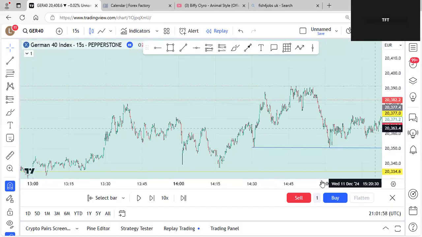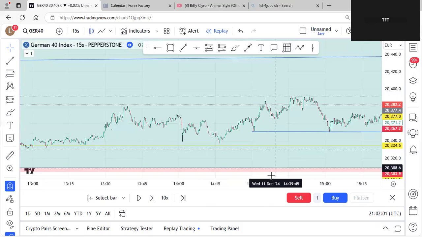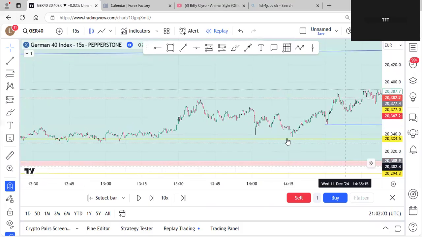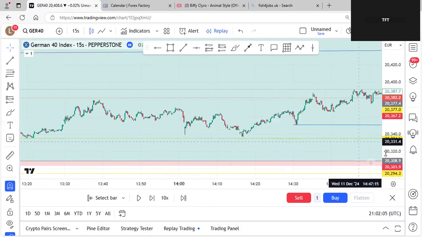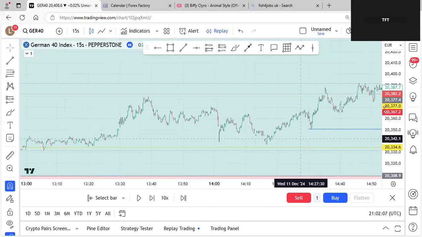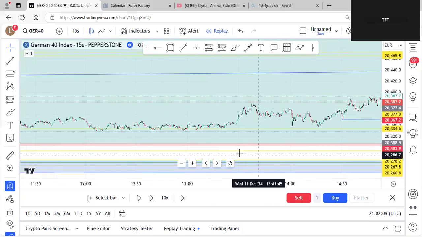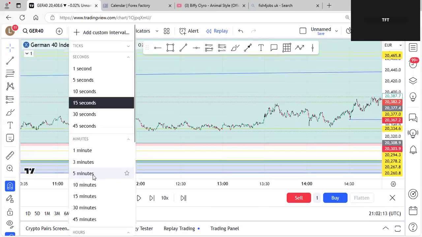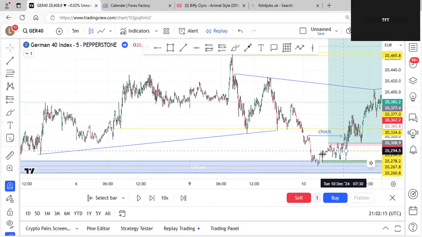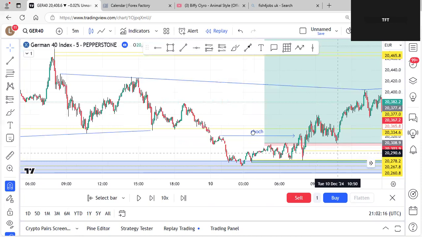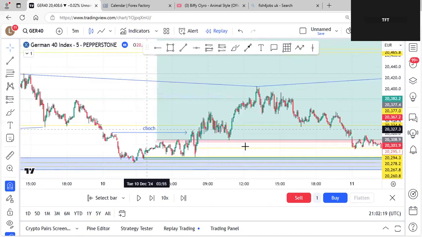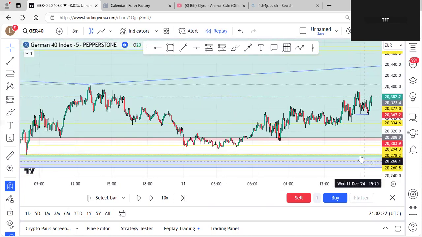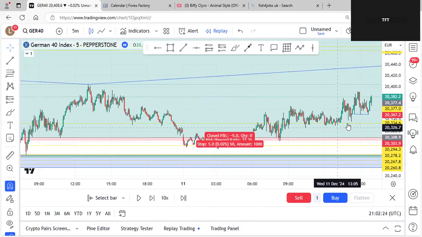I'm going to move that to the center of the screen. Yeah, I don't really see anything in that, so I might just use that as liquidity to move lower. Possibly equal lows here as well.